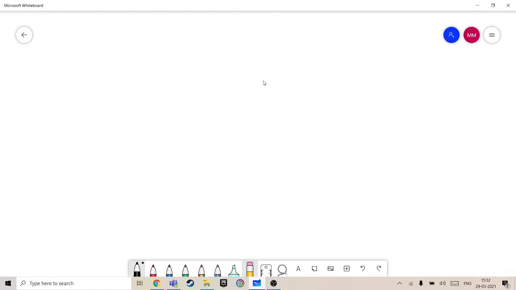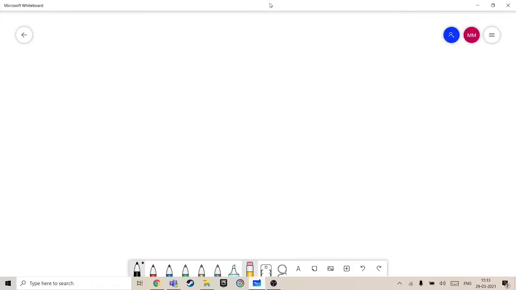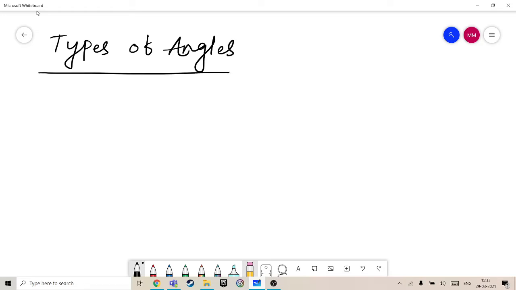Now, types of angles. What are the different types of angles?